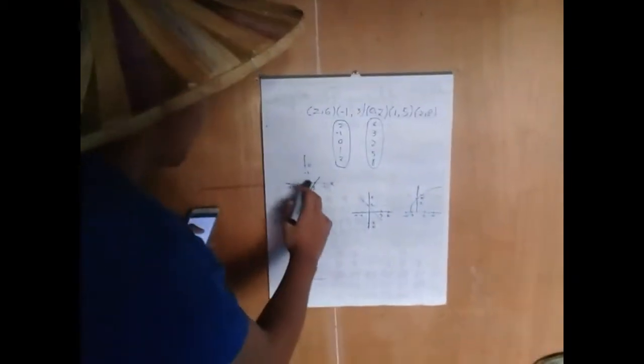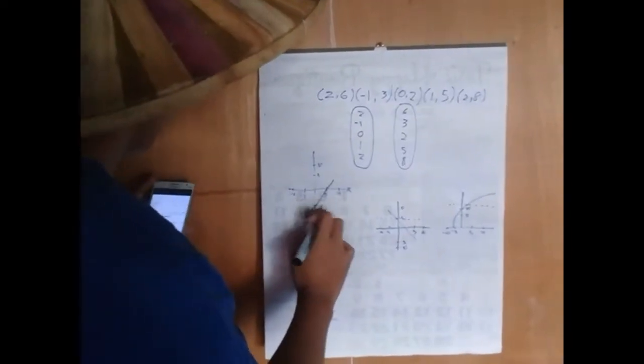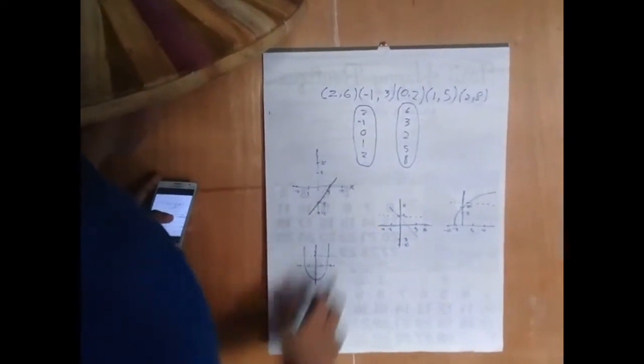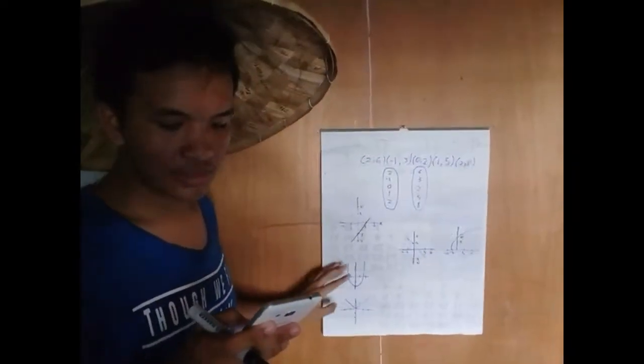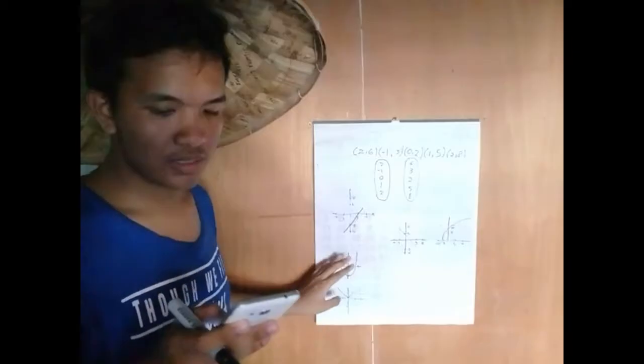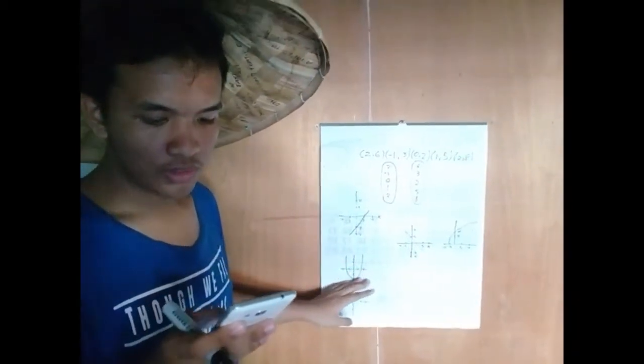This is a linear function. If I draw a line anywhere along here, here, it's only going to touch at exactly one point. So therefore the inverse of this graph is a function.